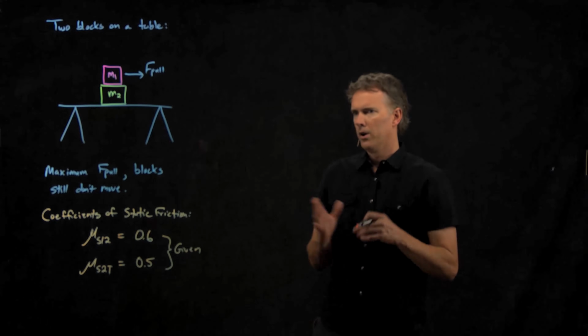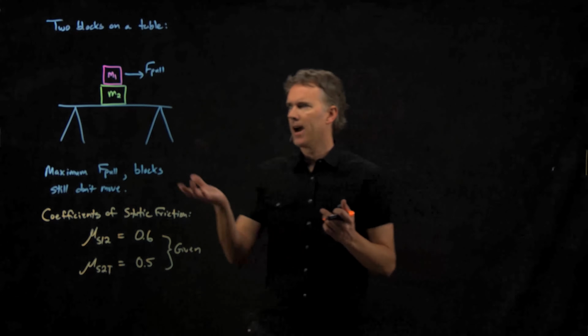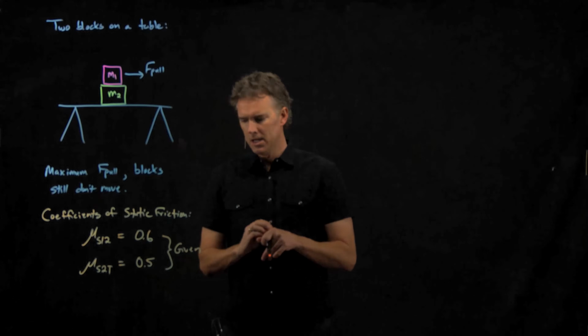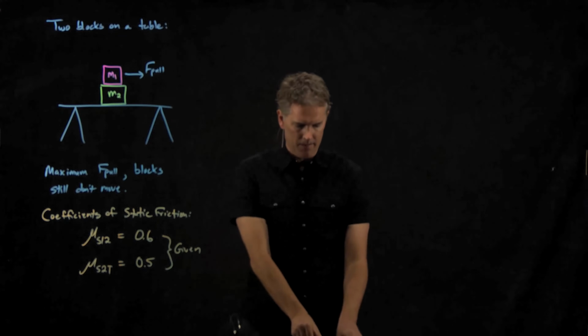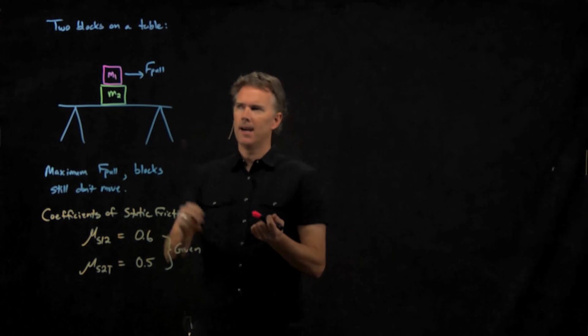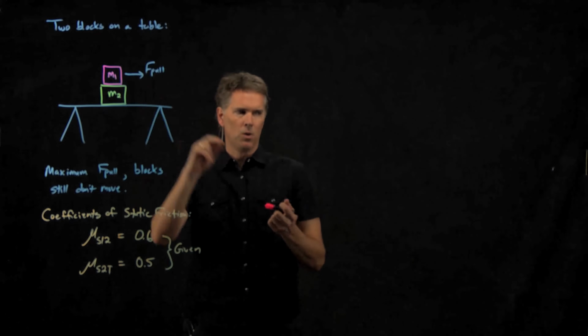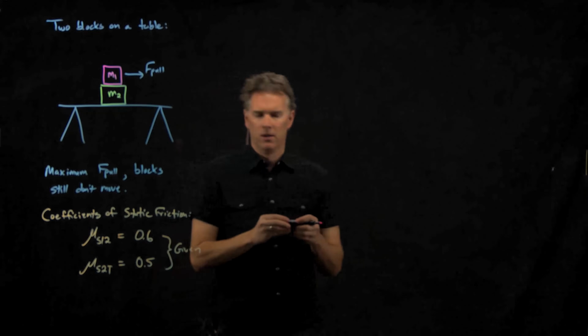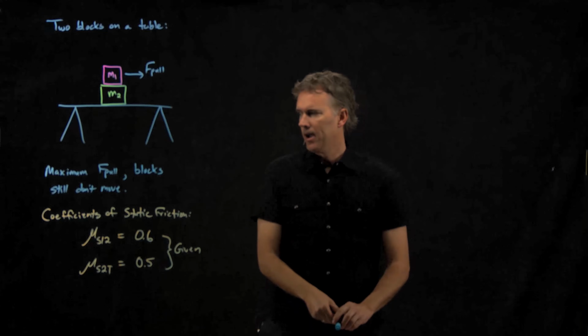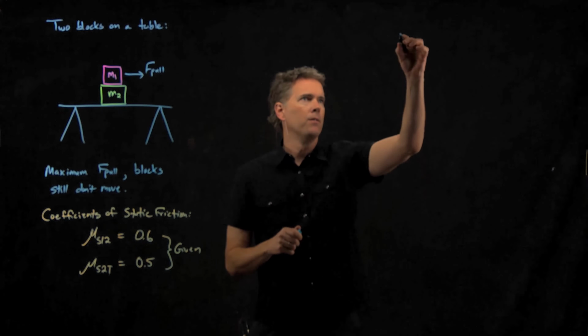So what do we do now? We've got a picture. We need to go to the free body diagram. And when we go to the free body diagram, we have to treat each one independently. So let's see what the free body diagram is going to look like for M1.